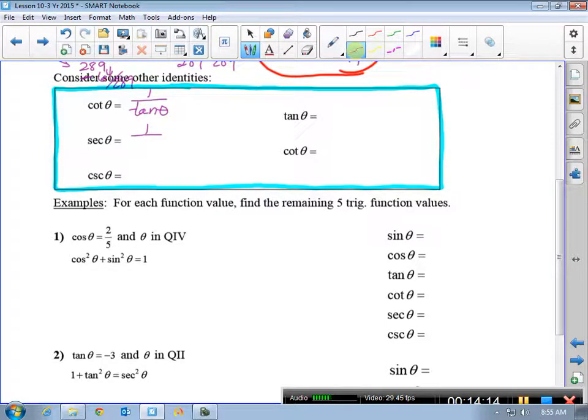Secant is, try and be a step ahead of me, 1 over cosine. Cosecant is 1 over sine. And then our quotient identities, tangent equals something over something. Sine theta over cosine theta. Cotangent flips that.